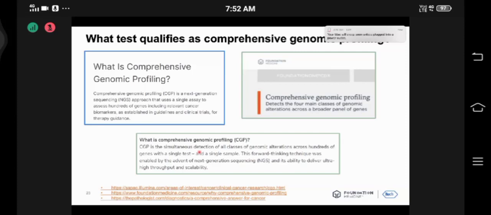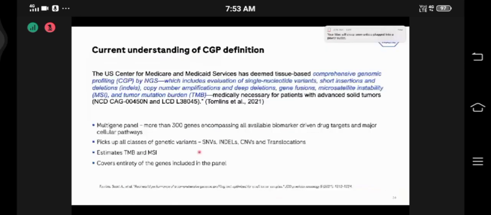Another definition is the simultaneous detection of all classes of genomic alteration across hundreds of genes with a single test and a single sample. This forward thinking technique was enabled by the advent of the technology called NGS. So NGS is a technology, CGP is basically what we are using this technology for, and its ability to deliver ultra high throughput and scalability.